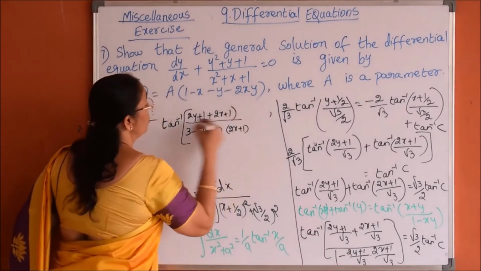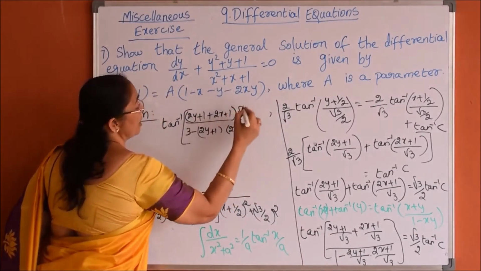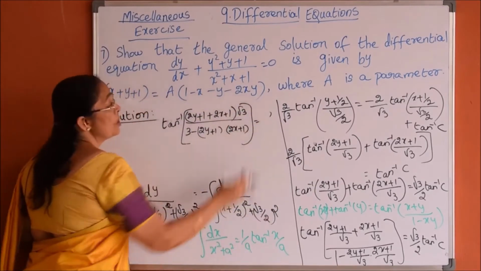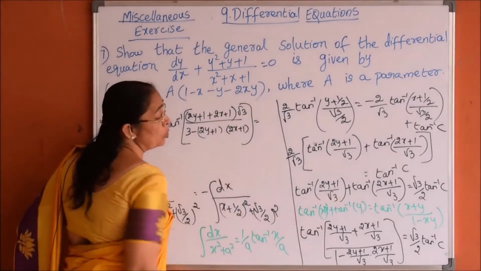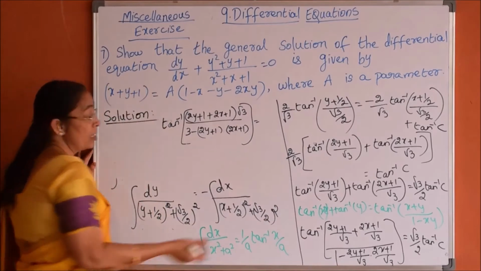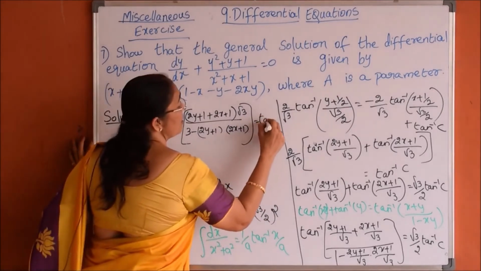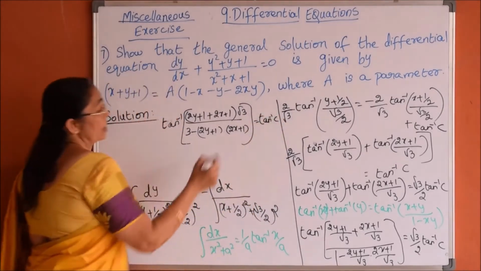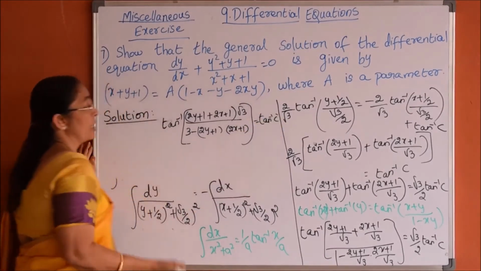So, we will get that root 3 in the numerator is equal to root 3 by 2 tan inverse of c, which is another constant, tan inverse of some c dash also we can say.